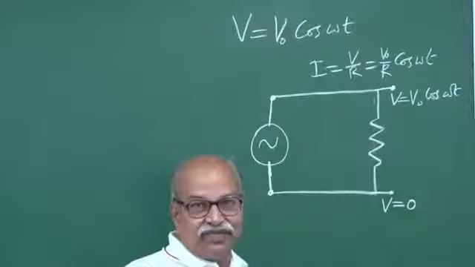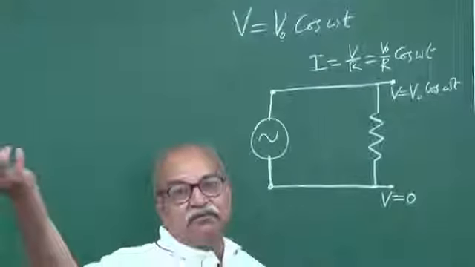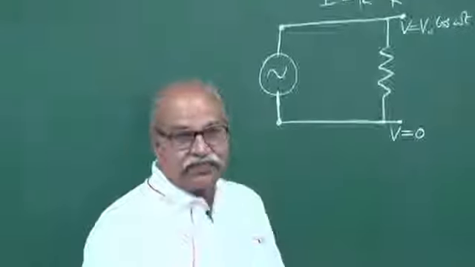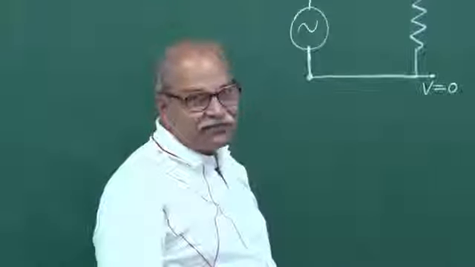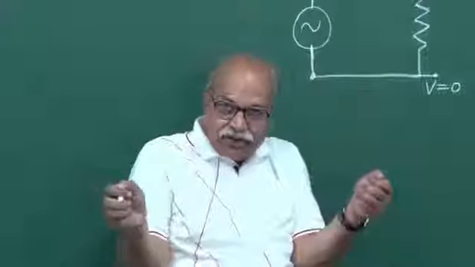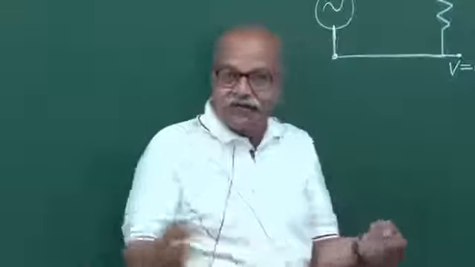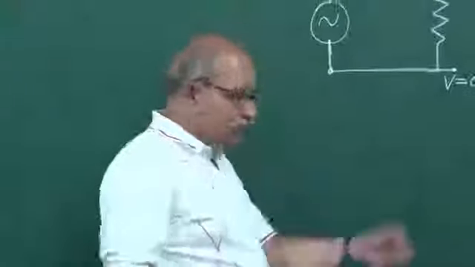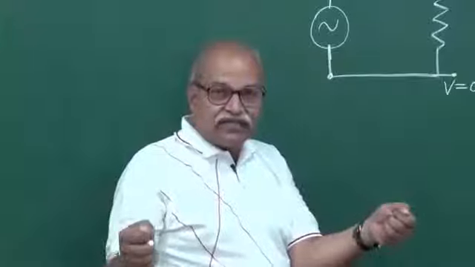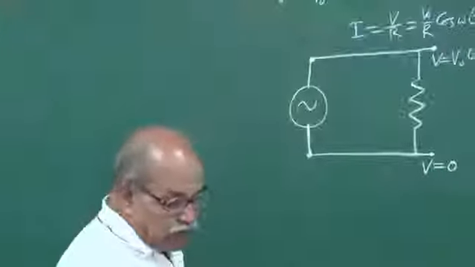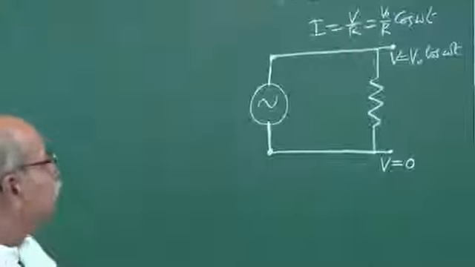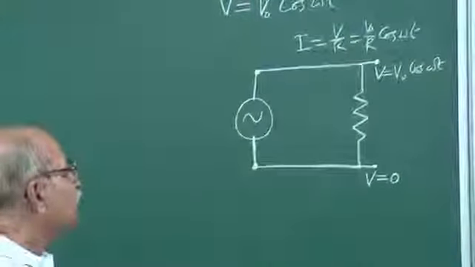That is what happens when I put my filament bulb or a heater in a 5 ampere socket. Through that heater coil the current keeps changing direction, and the voltage across it keeps changing direction. Now what happens if I put a diode in between?